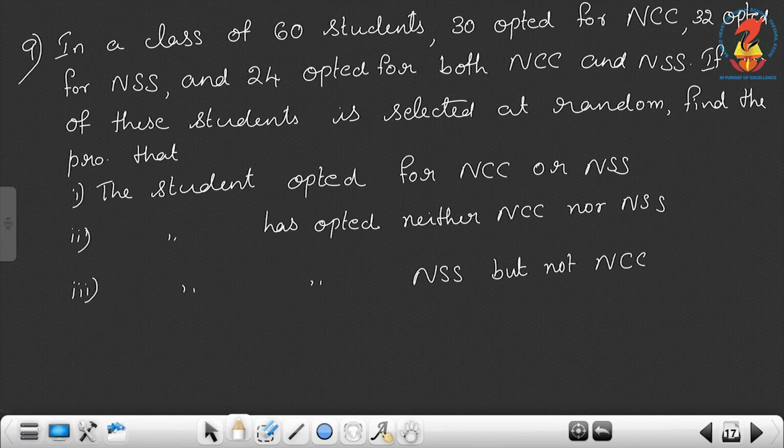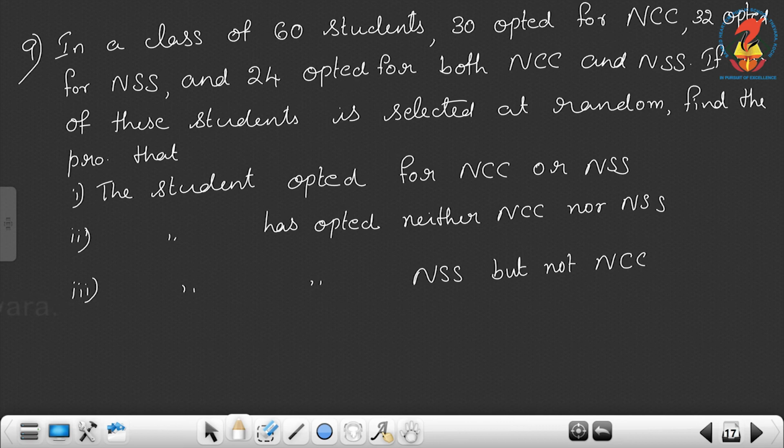The next one: in a class of 60 students, 30 opted for NCC, National Cadet Corps, and 32 opted for NSS, National Service Scheme, and 24 opted for both. If one of these students is selected at random, find the probability that the student opted for NCC or NSS, the student has opted neither NCC nor NSS, the student has opted NSS but not NCC.